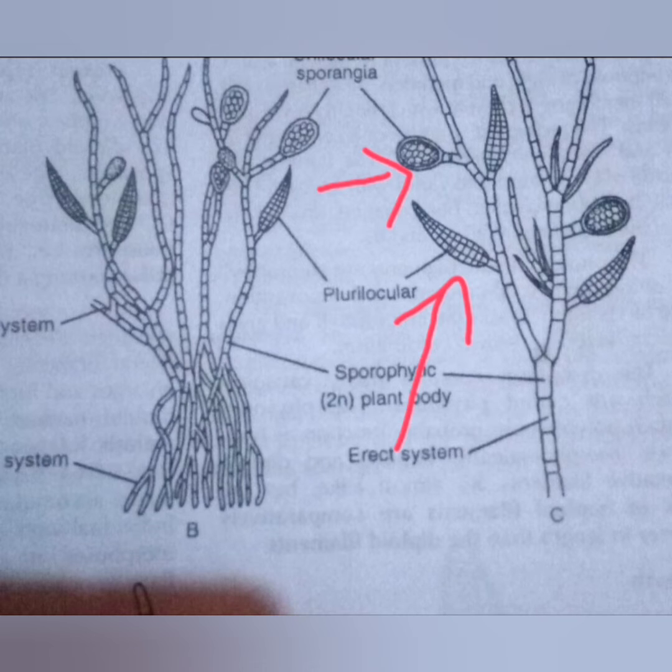Now the unilocular sporangia usually form haploid zoospores, whereas the plurilocular will develop diploid zoospores. So now let us study these sporangia one by one.